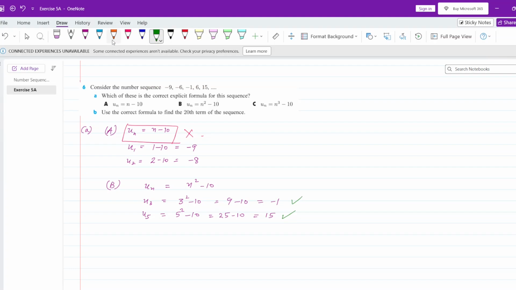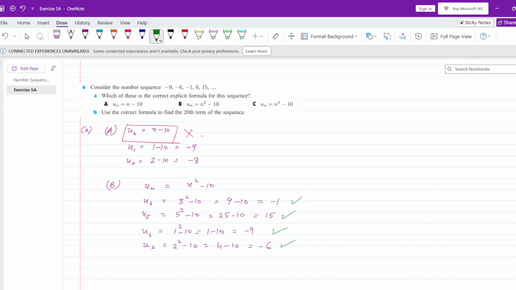Let's check all other terms. So u1 is 1 square minus 10. That is 1 minus 10 or -9. u1 also comes out to be true. Let's try u2. u2 is 2 square minus 10. That is 4 minus 10 or -6. So the second term is -6. This is also correct.